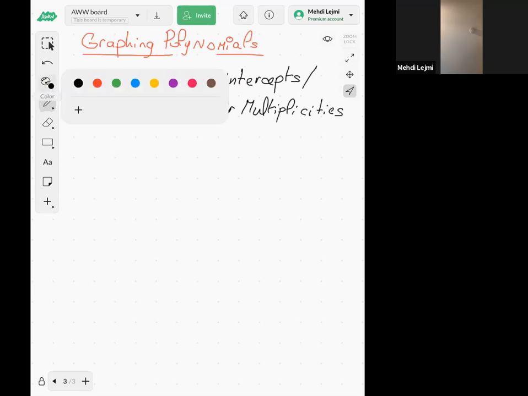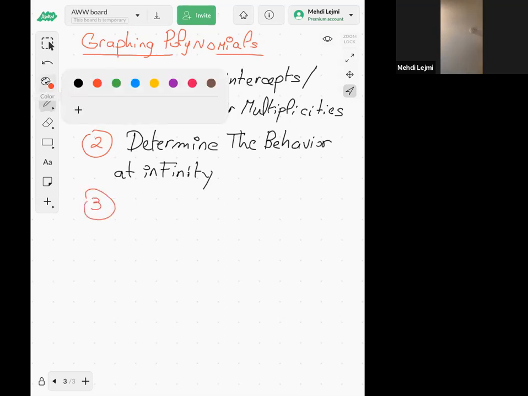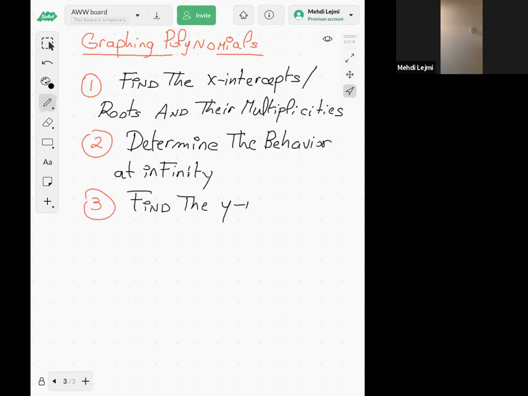Second thing to do is, of course, to determine the behavior at infinity. So we're going to use our table. Remember, determine the behavior at infinity. And another thing you can do is find the y-intercept, that's f of 0.